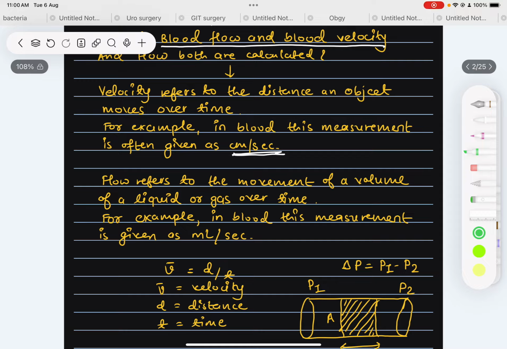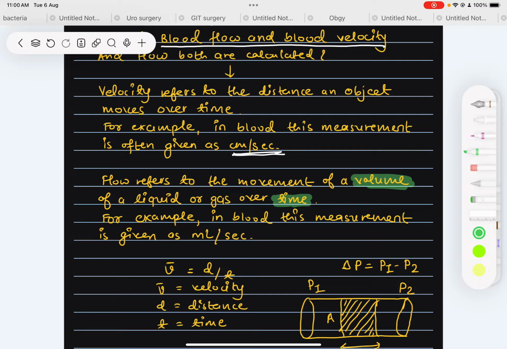Now, flow refers to the movement of a volume of a liquid or gas over time. So it is also a unit time concept, but here we are measuring by the volume. How much volume of blood has moved in a unit time. So this is more like a three-dimensional concept.